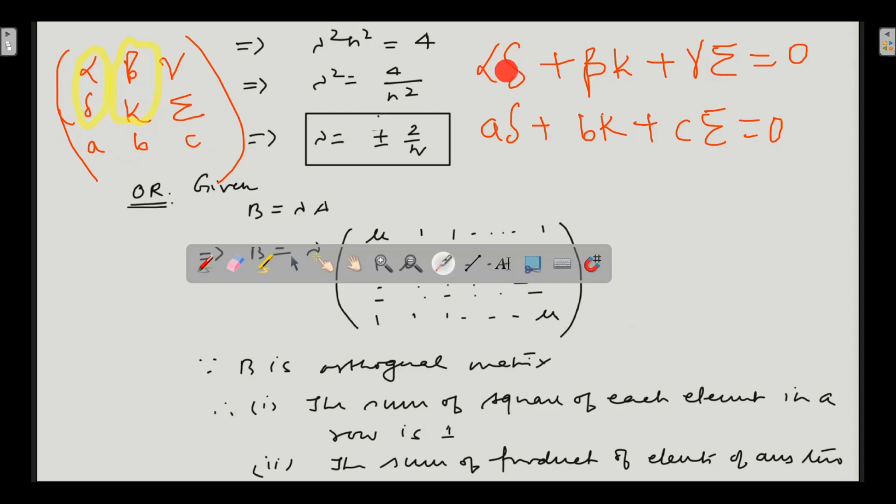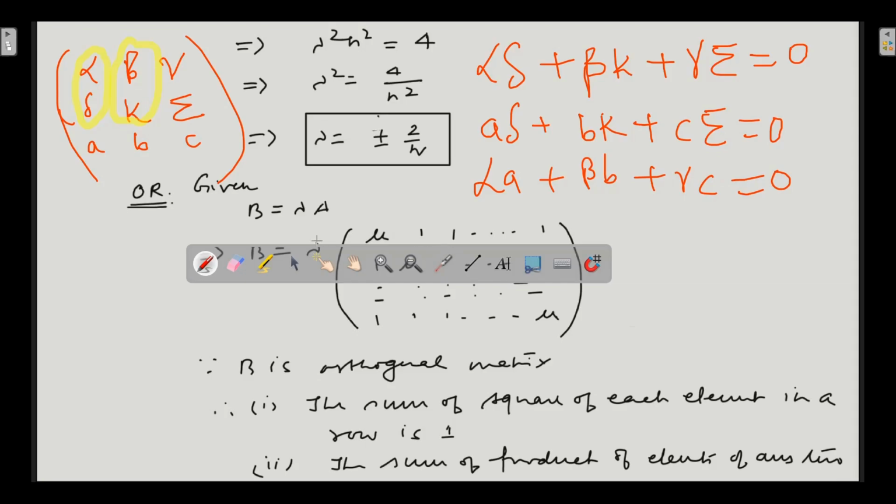This was the product you got when you considered the first and second row. This was the product you got when you considered the second and third row. And now we will consider the first and third row. So alpha A plus beta B plus gamma C is equal to 0.